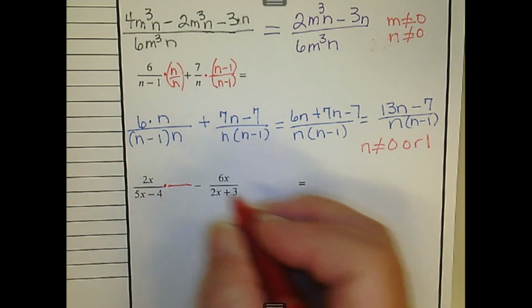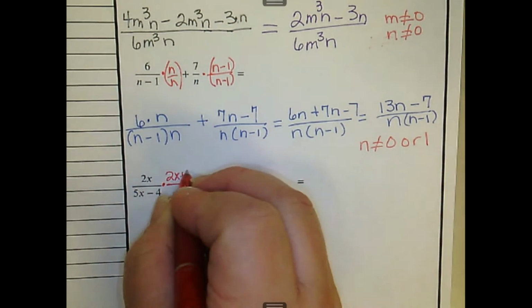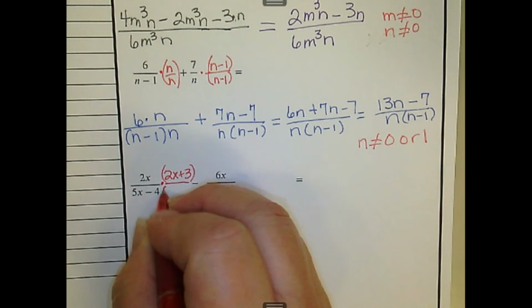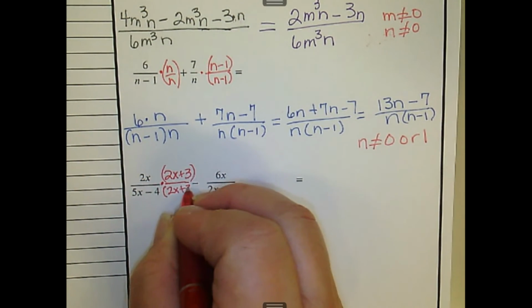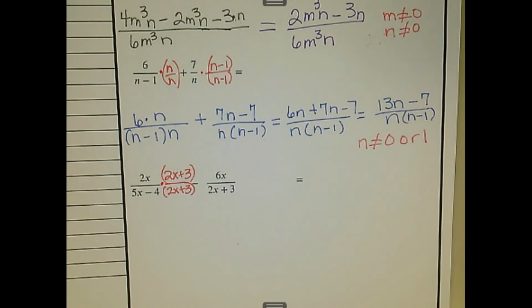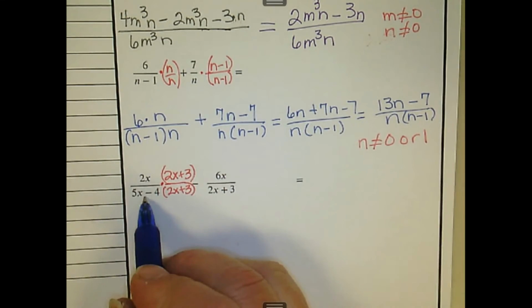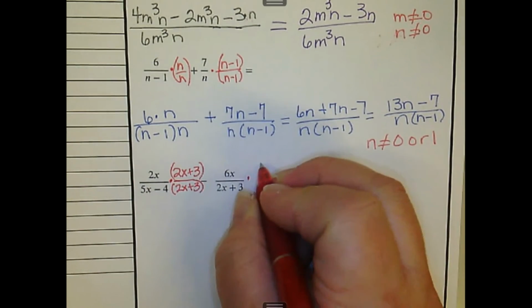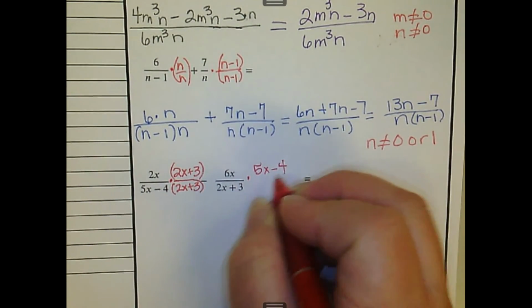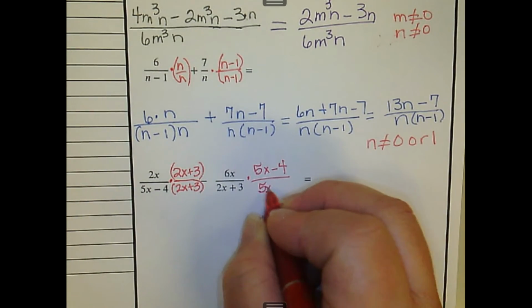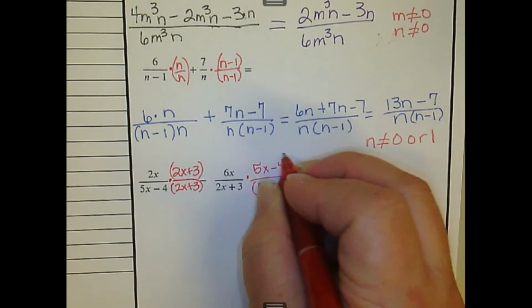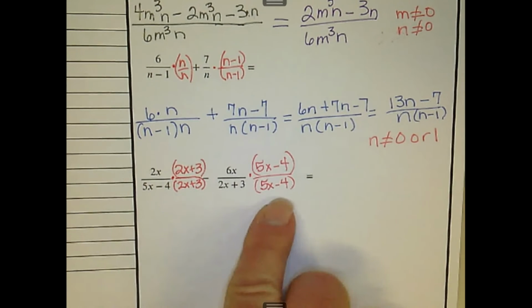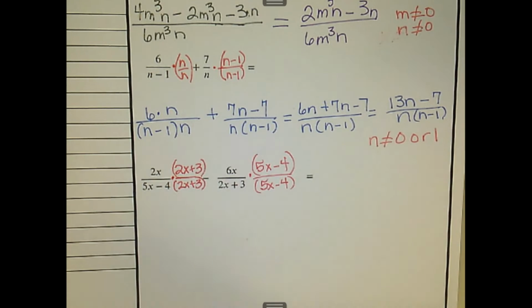Here's my other denominator. 2x plus 3 on the bottom and 2x plus 3 on the top. Here's my other denominator. 5x minus 4 on my numerator, 5x minus 4 on my denominator. Now, I've got the same denominators. Let's see what the numerator looks like.